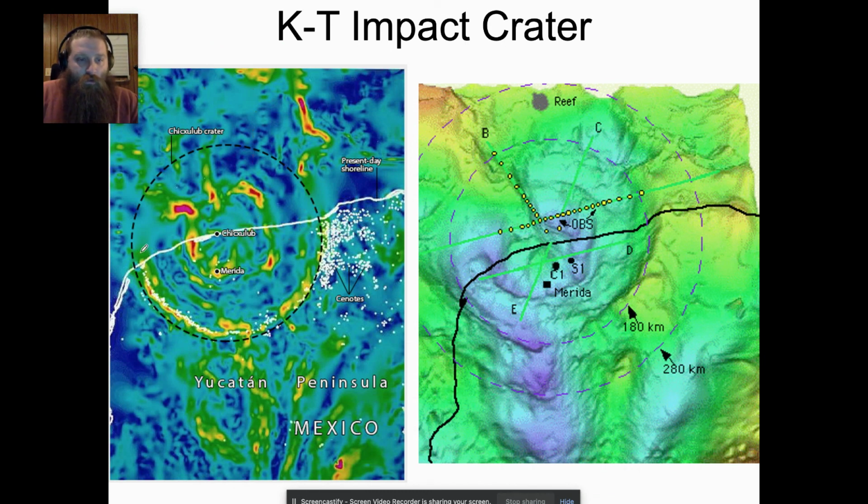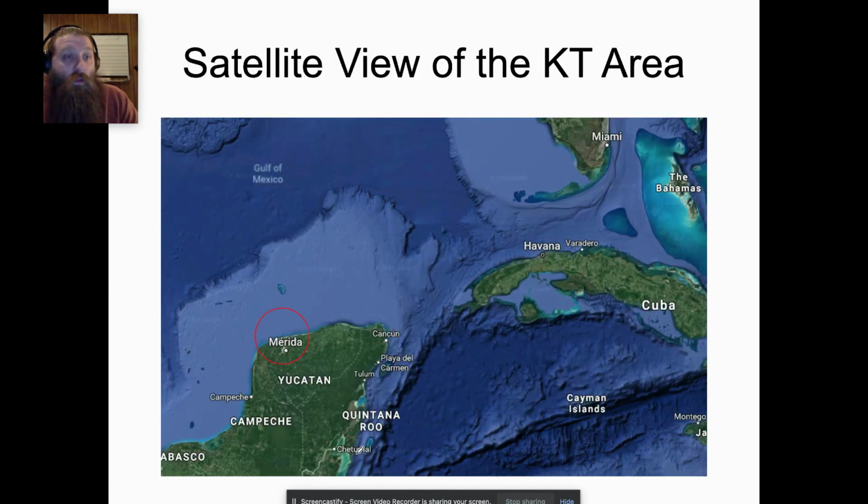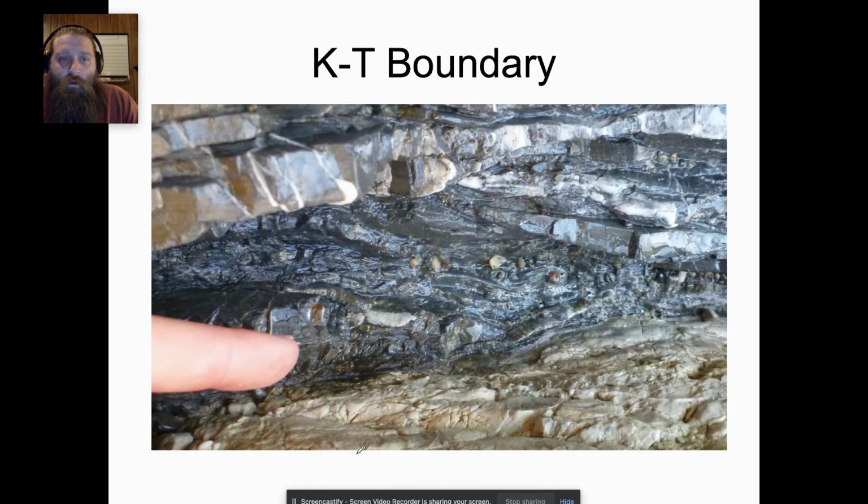We can see these high regions, low regions, high region, low region, high, low, high, and so on and so forth. All right. So that's one piece of evidence they have for the impact crater of the asteroid that killed off the dinosaurs. The second one is what we call the KT boundary.